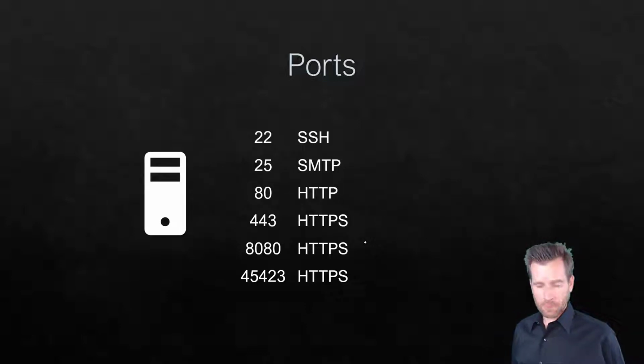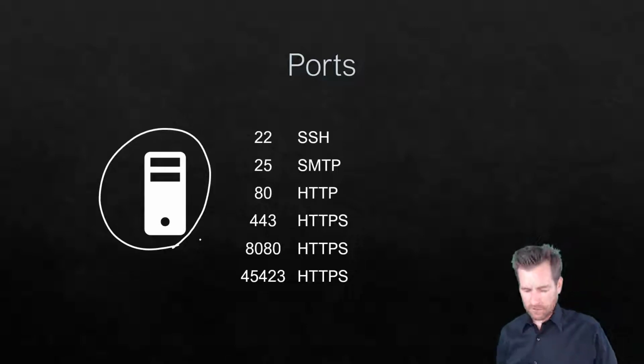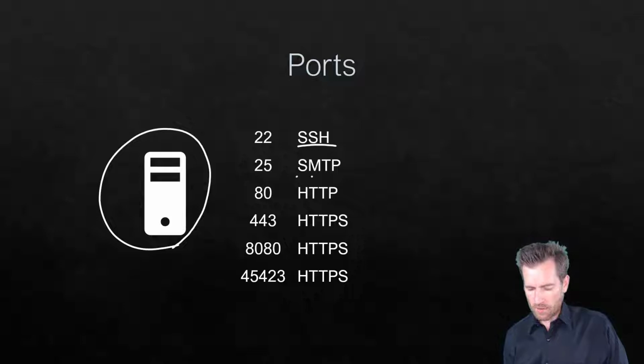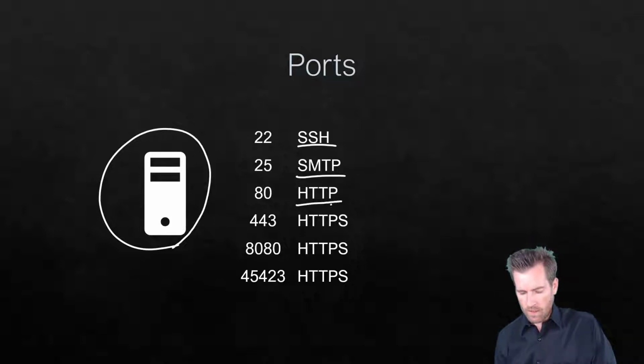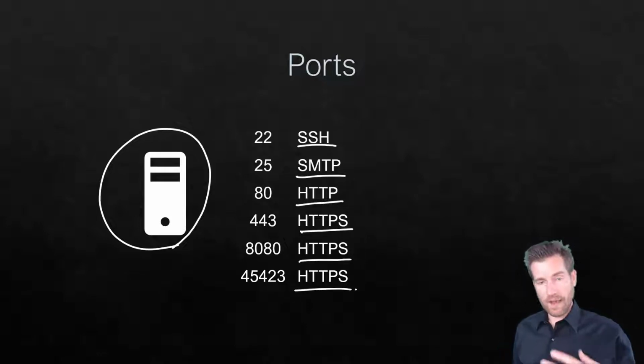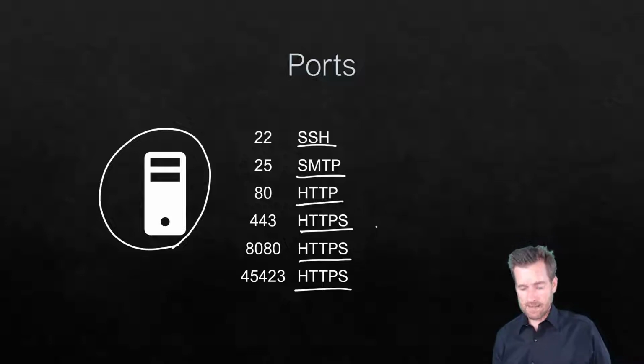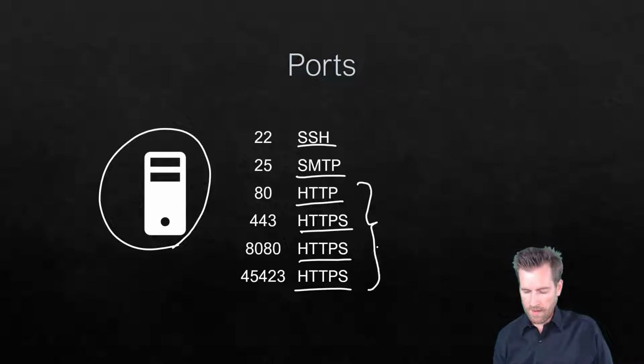In this example we have a server with several different services running on it. We've got an SSH server, an SMTP server, an HTTP server, and maybe multiple instances of HTTPS. The HTTP and HTTPS ones are just web pages that this single server is hosting.